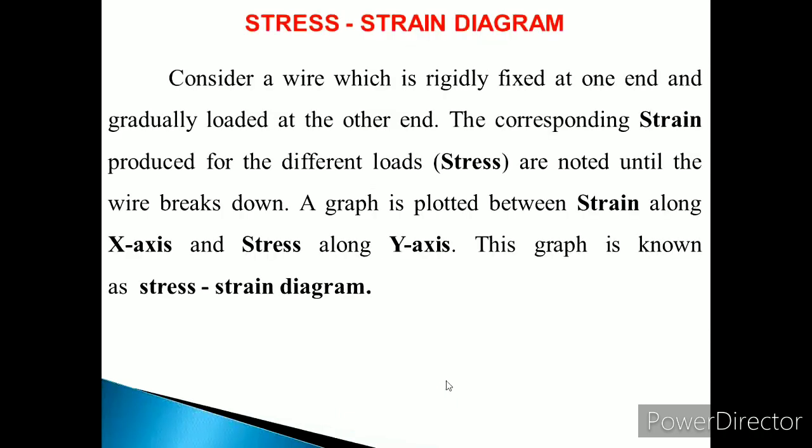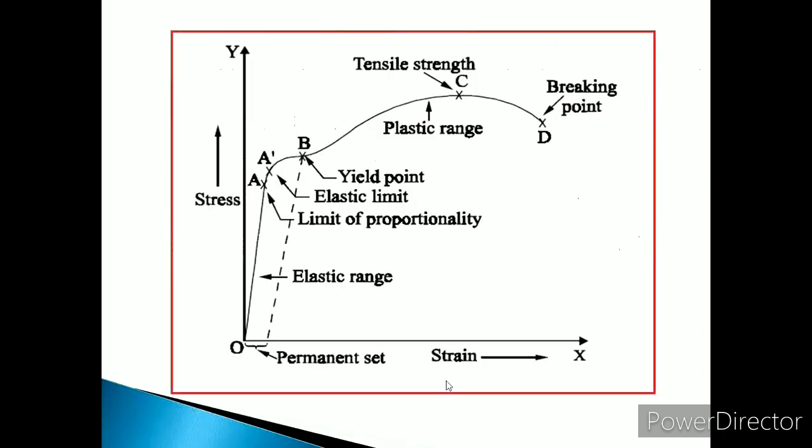Now, before going to the modulus of elasticity, we have to draw a diagram. Now we are going to relate the stress and strain with the help of a diagram.